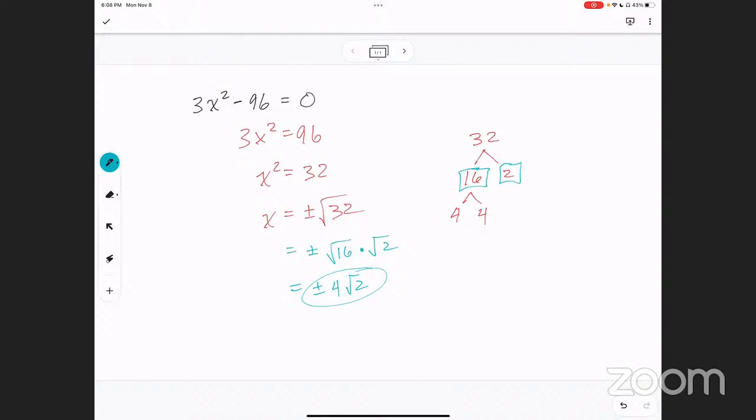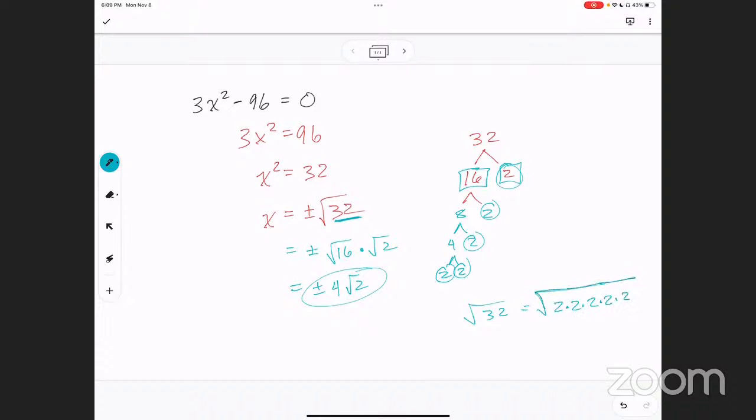All I'm doing is rewriting 32. And to be honest, what I would normally do is I would actually keep going. Like what you had said to me before, you said 8 and 2, right? Yeah. So 8 and 2, and then 8 is 4 and 2. And 4 is 2 and 2. So you really have 1, 2, 3, 4, 5. The square root of 32 is really the square root of 2 times 2 times 2 times 2 times 2.